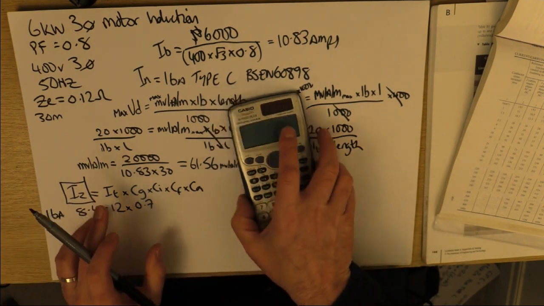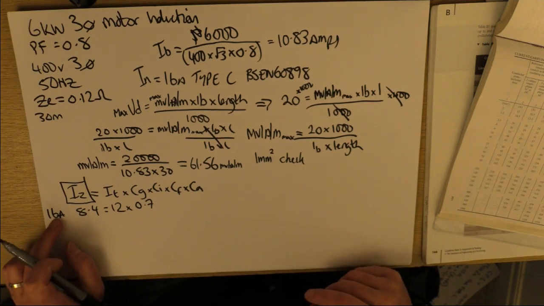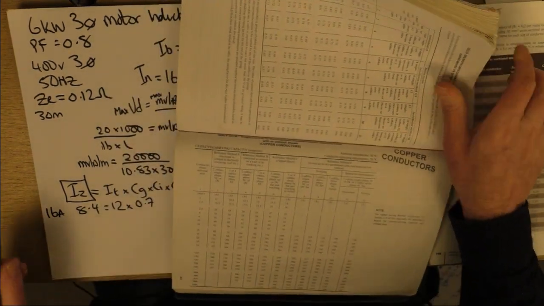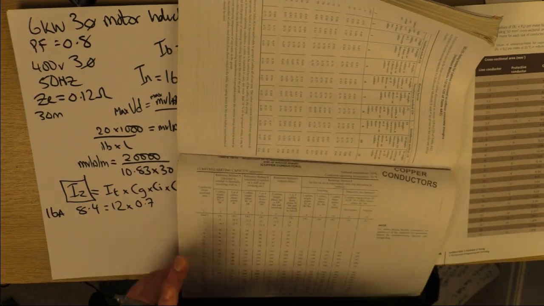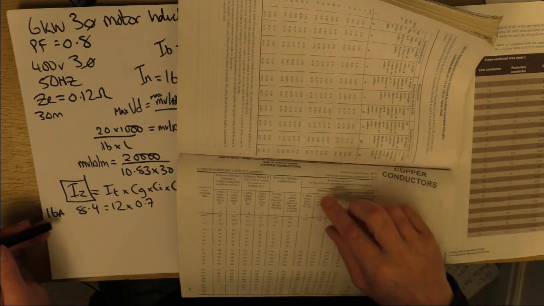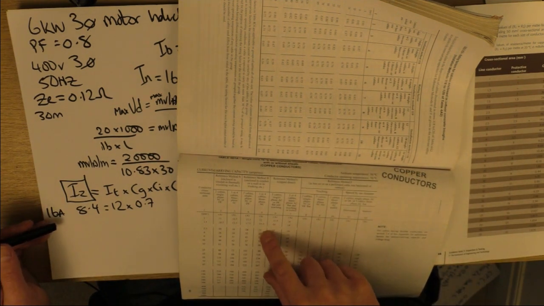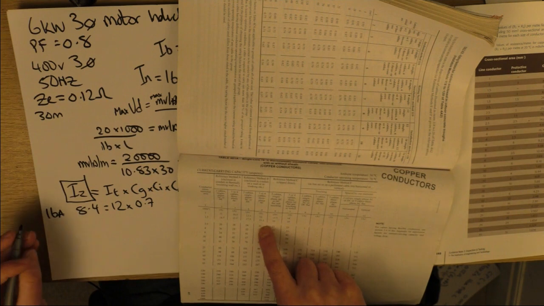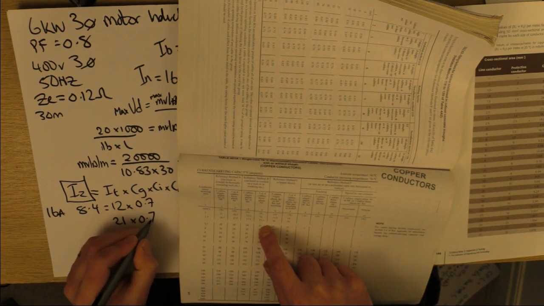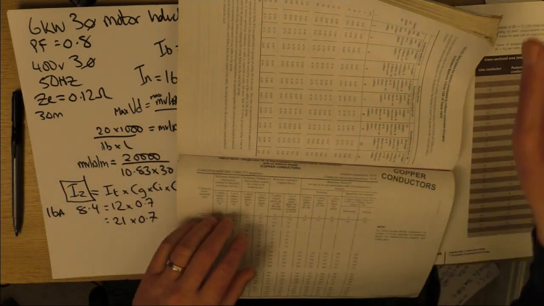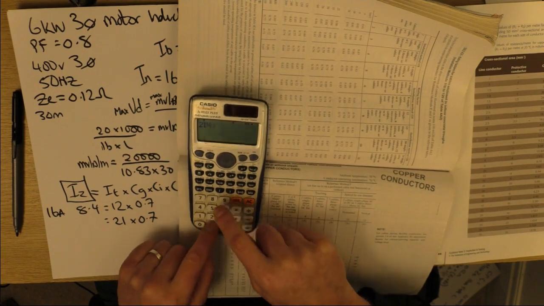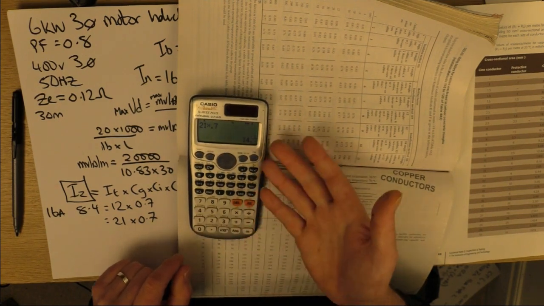So that doesn't work. So what we do then, we go up to a cable that has this kind of level. So let's have a look. 2.5, that's 21. So we could try that times 0.7. So 21 times 0.7, 14.7.